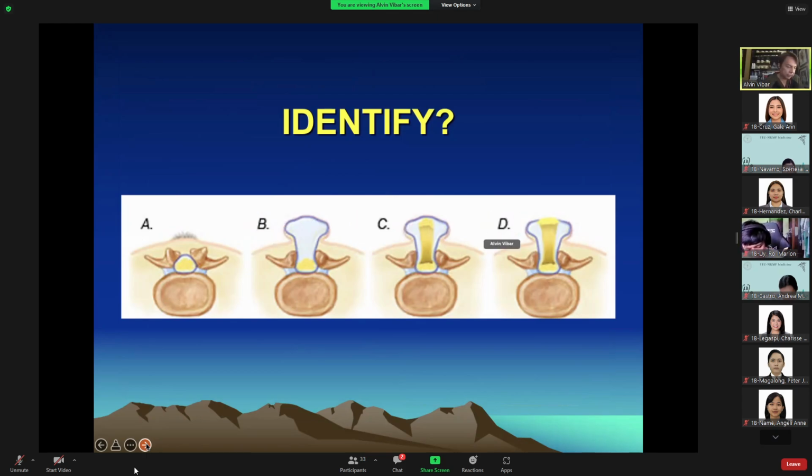Take note that in meningocele and meningomyelocele, you still have covering, but in myeloschisis, the spinal cord is open, no more covering. Is that clear?